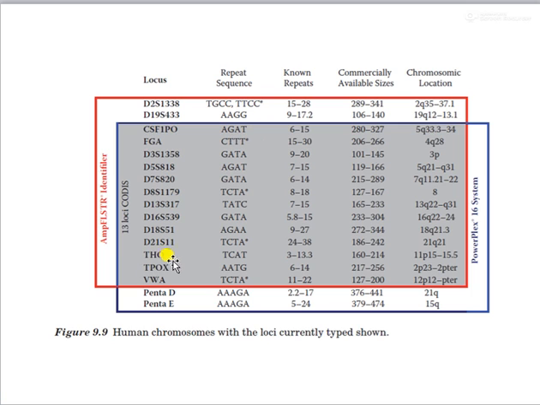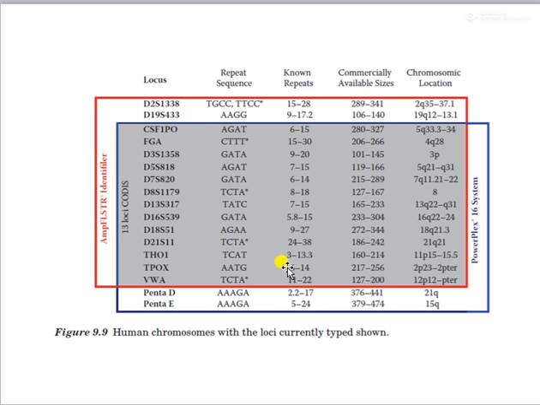In TH01 you have TCAT which is repeated, and the number of known repeats varies. The TCAT sequence can vary from 3 repeats to 13.3 repeats.